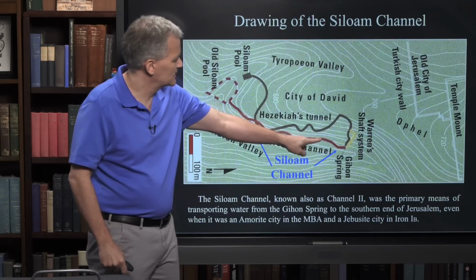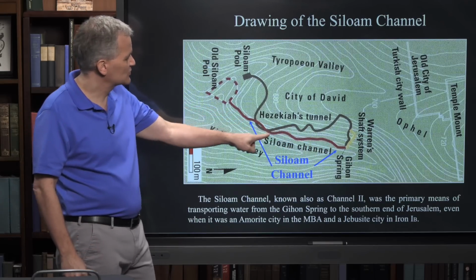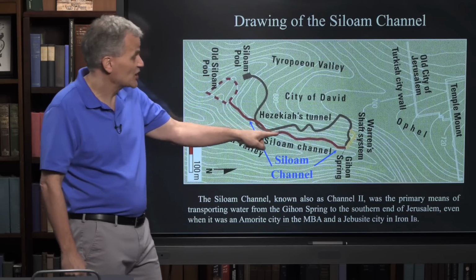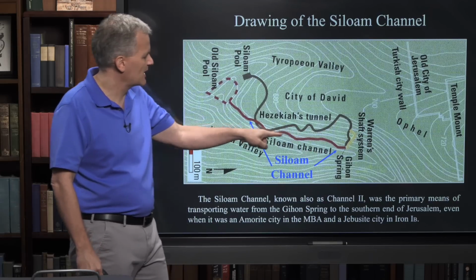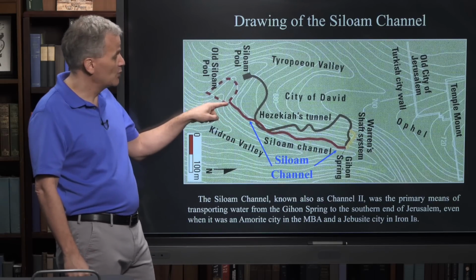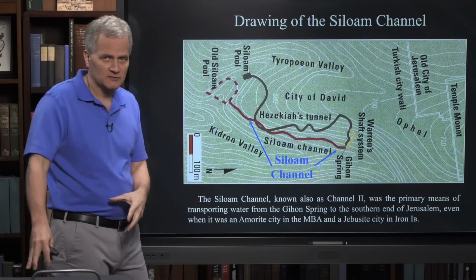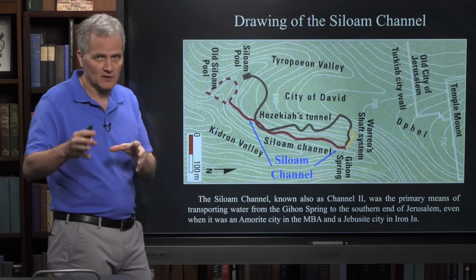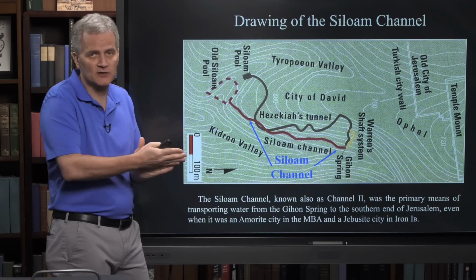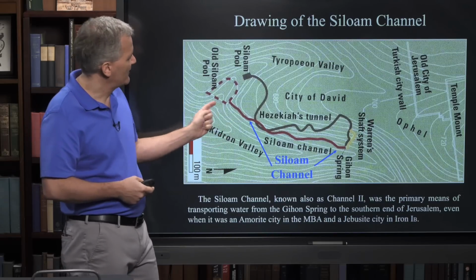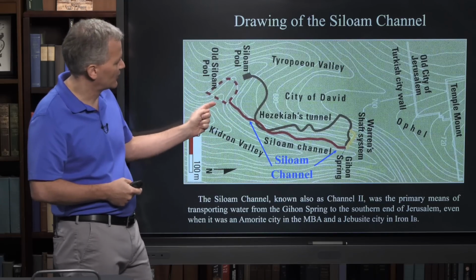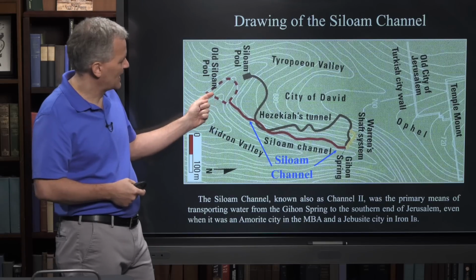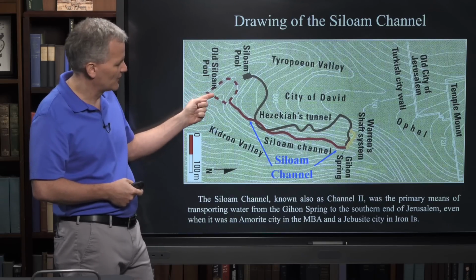So what they did is they made this channel, actually not a tunnel, but a channel, to be able to move water down along that ridge, the Kidron Valley, and then into this area here, where it was down below just to the south of the city of David.